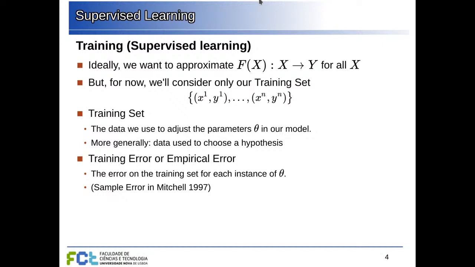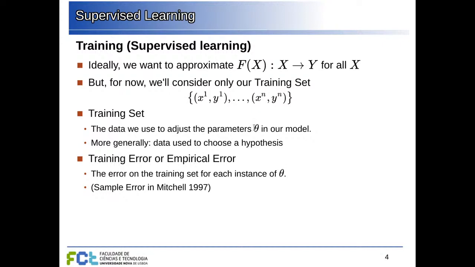Once we find the best values for those parameters, we have the best hypothesis, and so this will be the final result of the learning process, and it will be the hypothesis that we use to predict new examples. So the training set is a set of data used to find those parameters. The training error or empirical error, which Mitchell calls also the sample error, is the error we are measuring on the training set for each instance of the parameters.